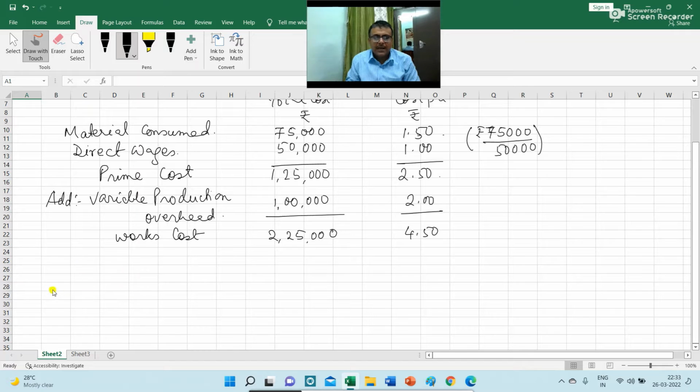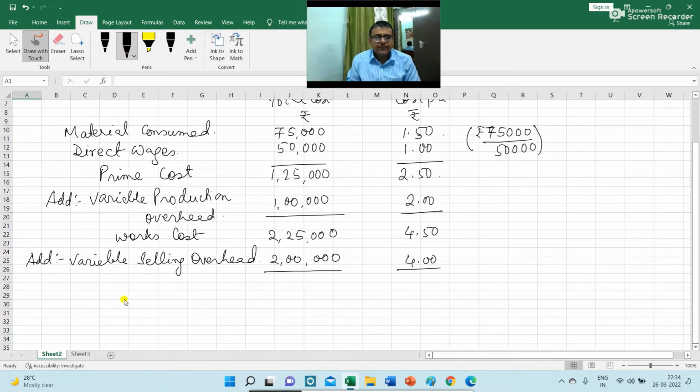Now we have to add up the variable selling overhead. It is given in the question that variable selling overhead is rupees 2 lakh. So the variable selling overhead per unit will be rupees 4, rupees 2 lakh by 50,000.